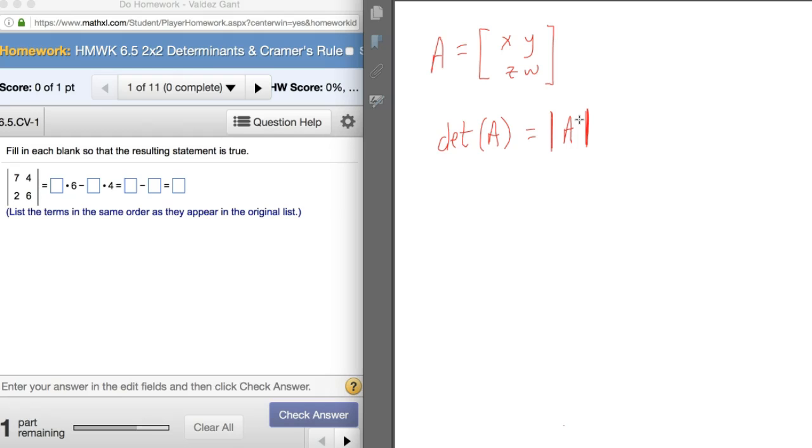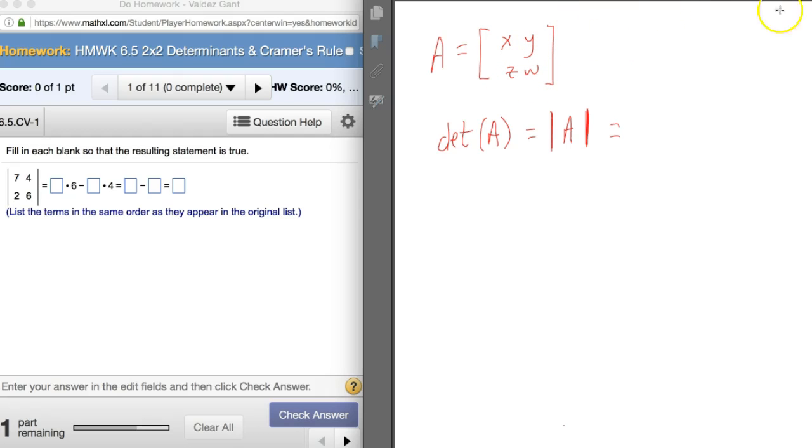It borrows that notation. And of course, the absolute value, or some people call it the modulus, has the same meaning of what is its weight or what is its size. How we do that is we just multiply across, so x times w minus z times y.